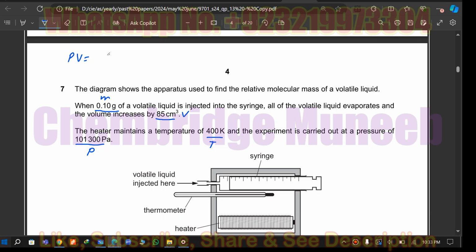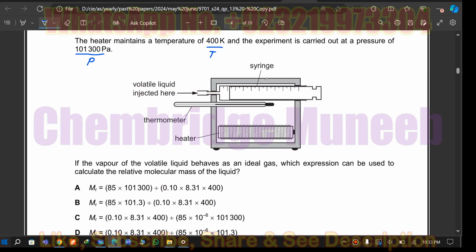This is the relation which we need to use here: PV is equal to nRT, and from here we can modify this equation into PV is equal to M over MR into RT. The question states to find out the MR, so MR will become MRT divided by PV.